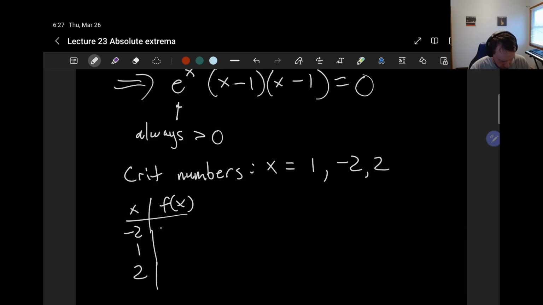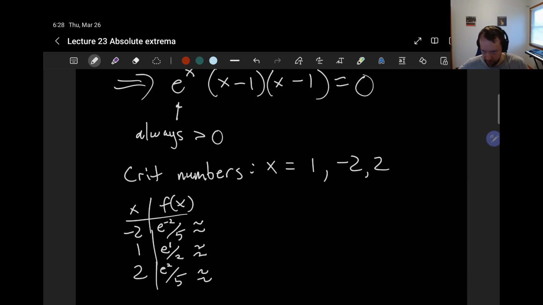And so this was e to the -2 over 5. So it was e to the 1 over 2 when you plug into f of x. This is e squared over 5. But we'll need our calculator for this to get a sense of which number's bigger, which number's smaller.